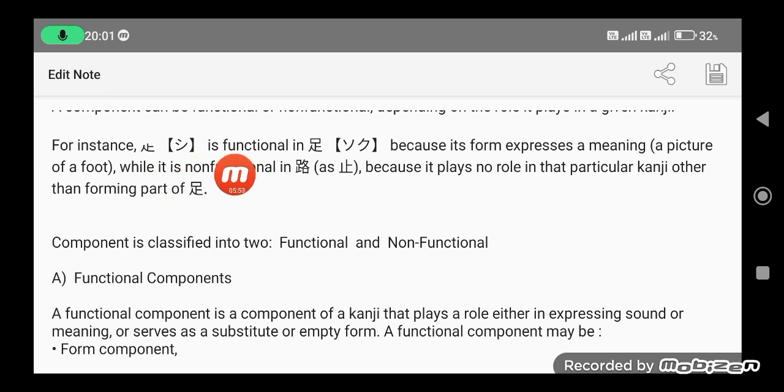And while it is functional in soku, this kanji radical is non-functional in this kanji ro, as in shi or tomeru, stop, shi, because in this particular kanji, this shi, it plays no role. It is neither a form component, nor a meaning or sound component. It plays no role in that particular kanji.